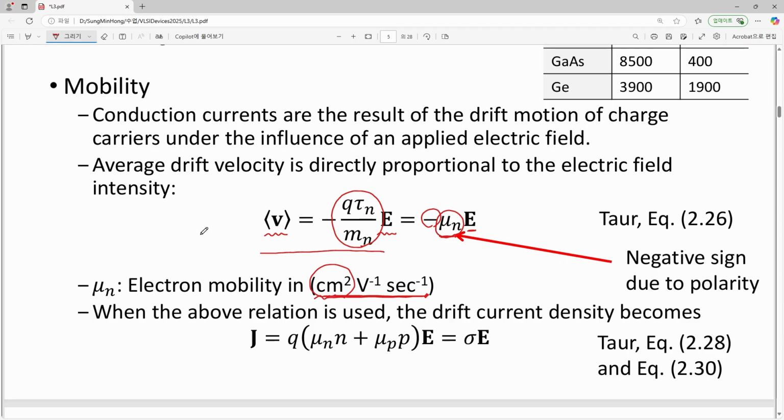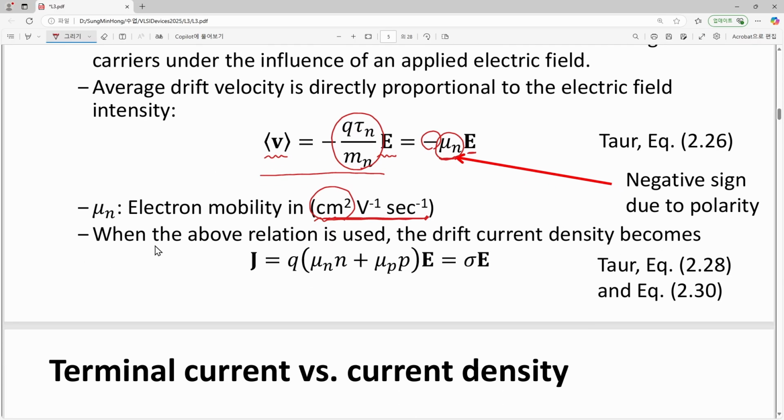So when we have this relation, with drift velocity linearly proportional to the electric field, we can now define the current density.